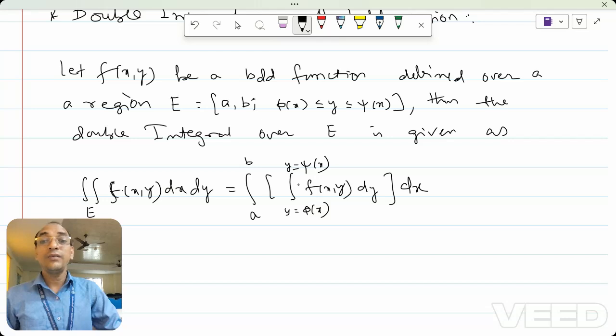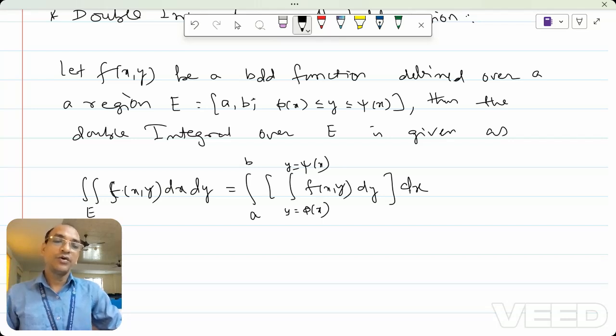So here we don't have the luxury that any one of them we can put as inner integral and the other as outer integral. If we get the limit of y as a function of x, then we have to write y as the inner integral and x as the outer integral.